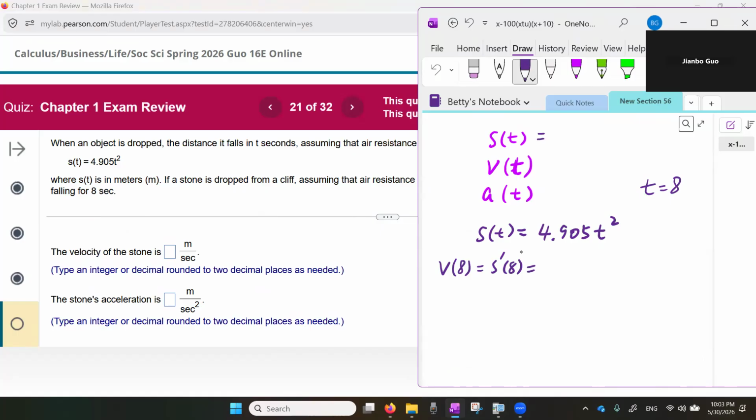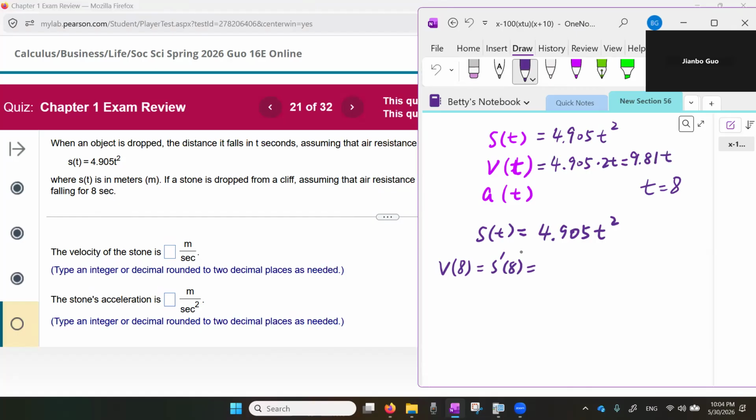Okay, so since s of t is 4.905 t squared, the velocity function would be the derivative of s, which is 4.905 times 2t, which is 9.81 t.